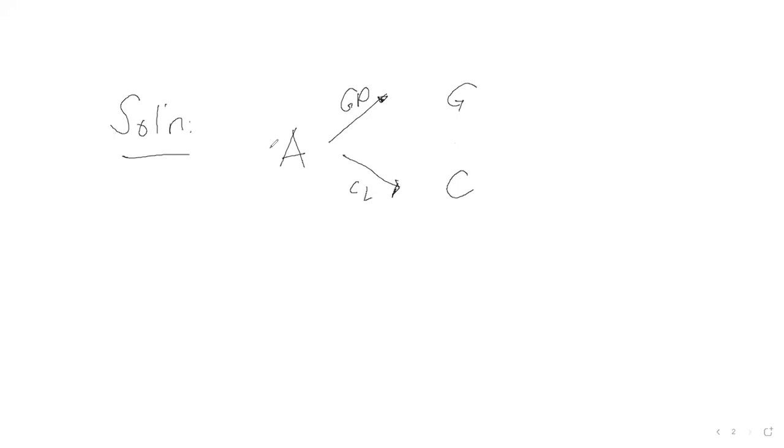If we write the rate equation for this parallel reaction, with this as K sub 1 and this as K sub 2, then we have K sub 1 CA plus K sub 2 still CA.